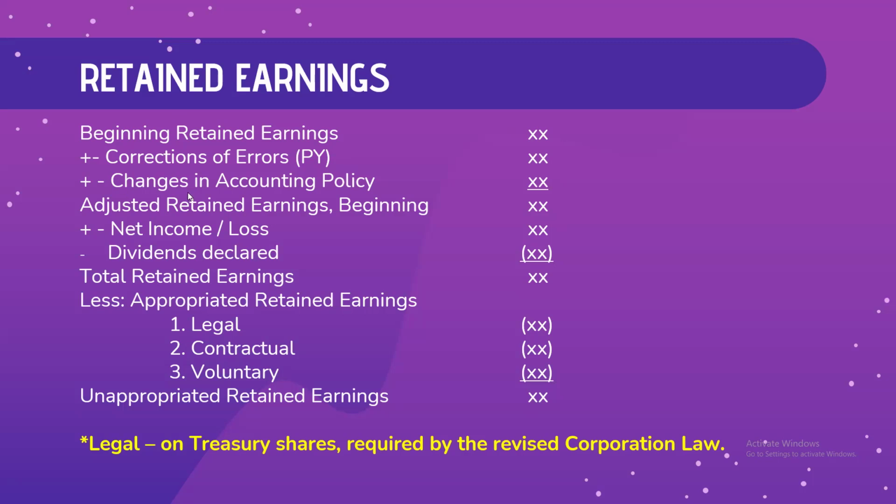Plus or minus changes in accounting policy. Then you'll get your adjusted retained earnings beginning balance. Plus any net income or less losses, less dividends declared to come up to your total retained earnings.